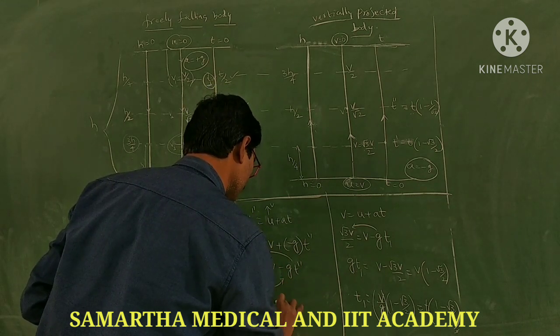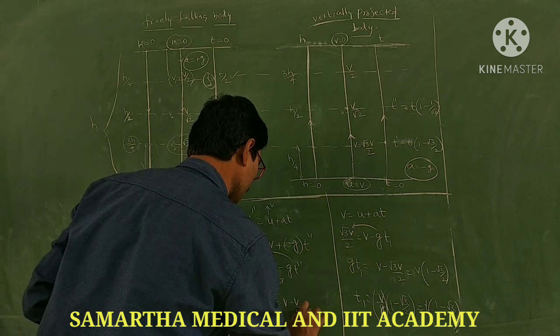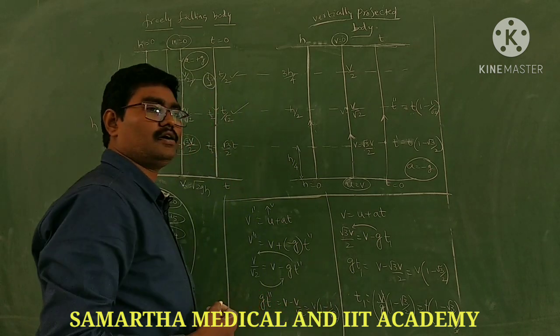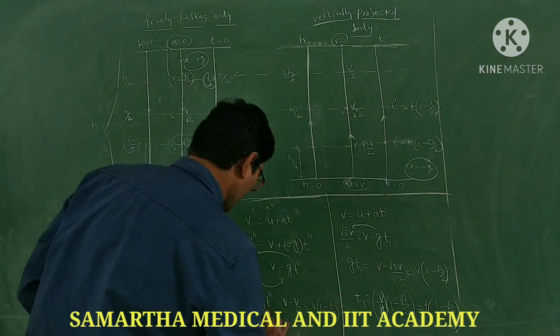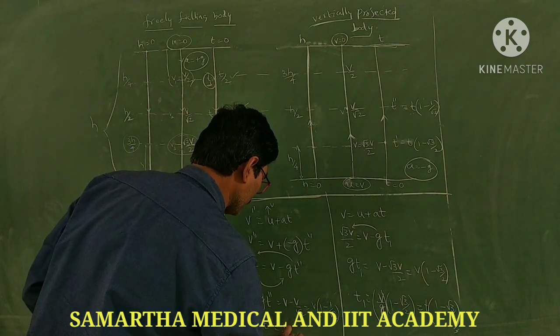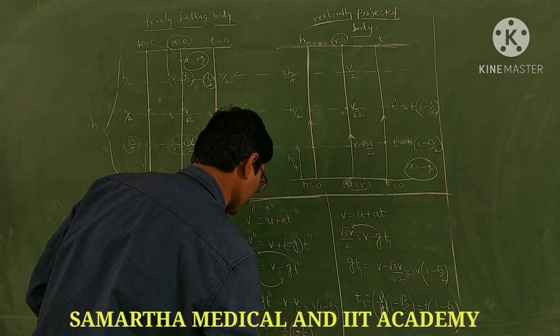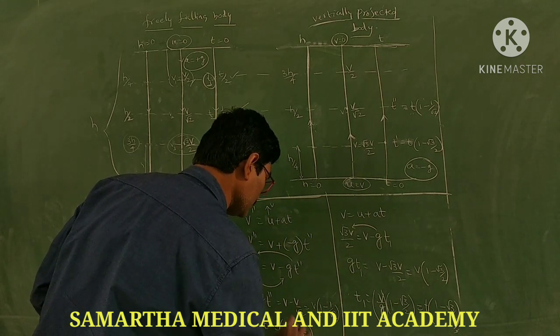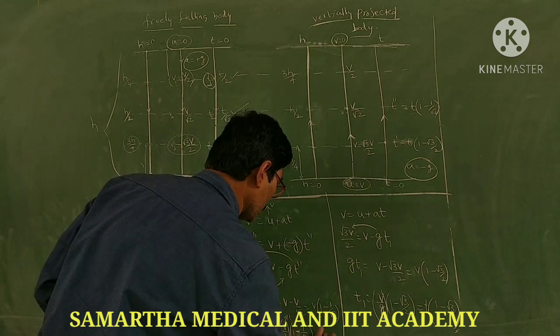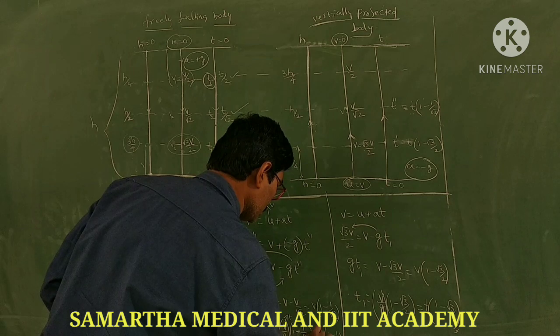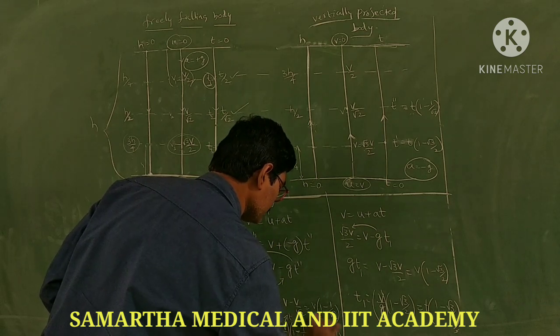G T double dash is equal to V into 1 minus 1 by root 2. Then T double dash equal to V by G into 1 minus 1 by root 2. What is this? T. So T into 1 minus 1 by root 2. That is T double dash.